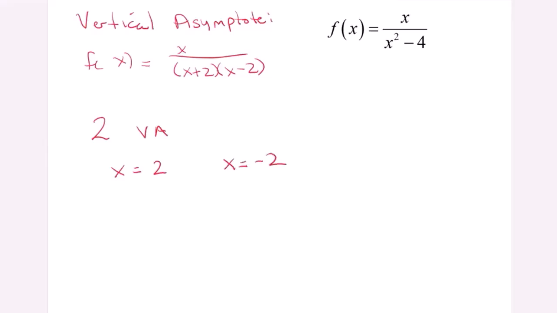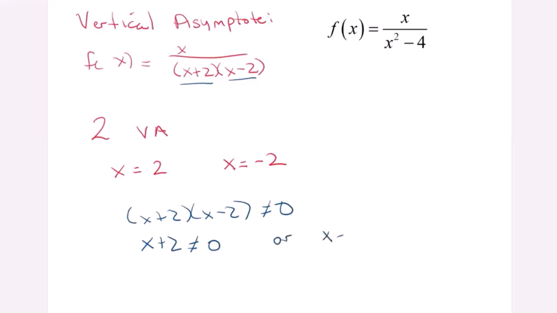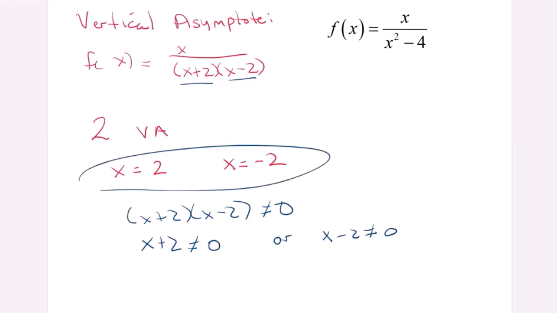I want to make sure that the denominator is not equal to 0. That means x plus 2 cannot equal 0, or x minus 2 cannot equal 0, which gives me 2 and -2.